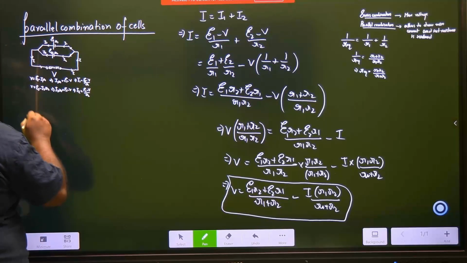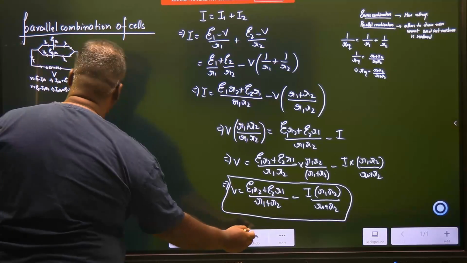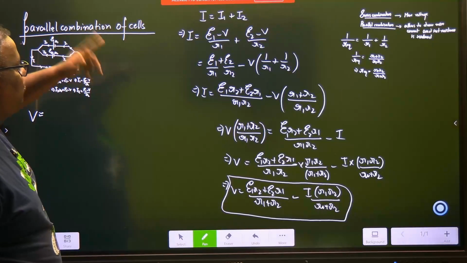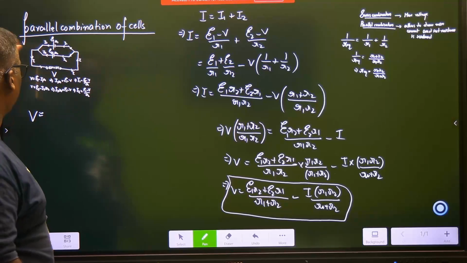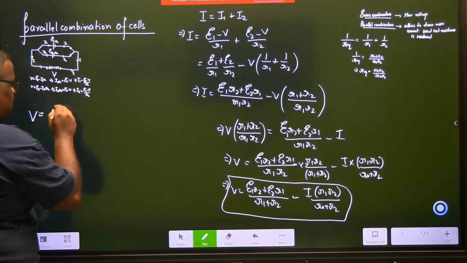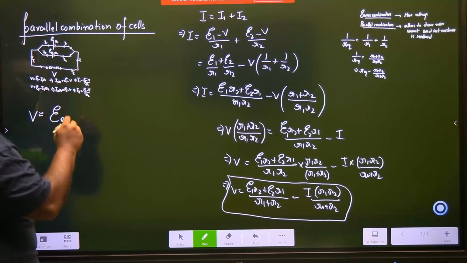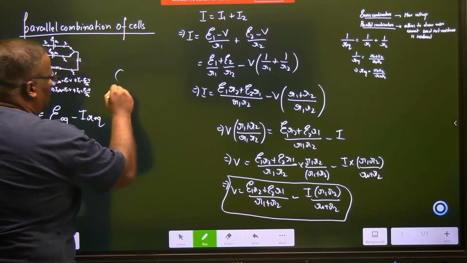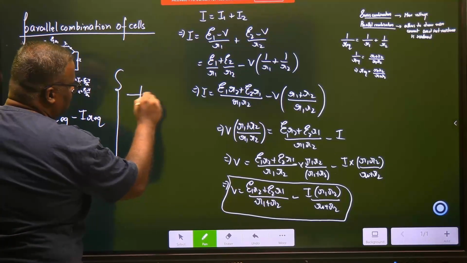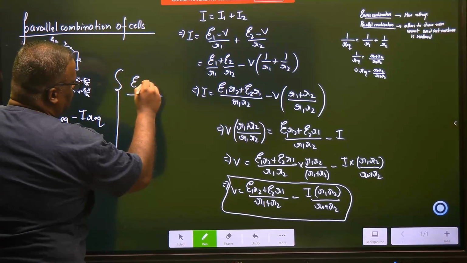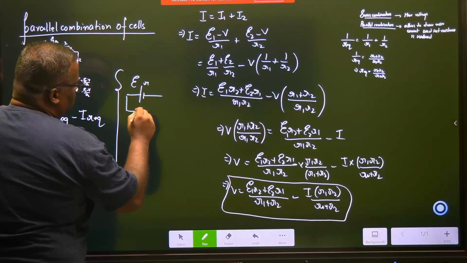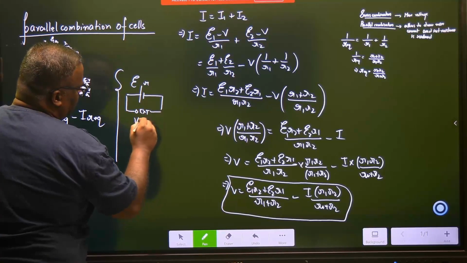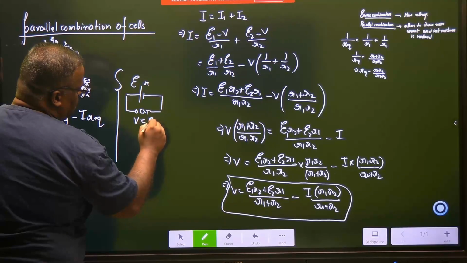I can write this as the terminal voltage that I obtain after making a parallel combination of two cells of EMF E1 and E2 with internal resistance R1 and R2. I get this. I replace this as E equivalent minus I R equivalent. Now recall, whenever you have a cell whose EMF is E, internal resistance is R, and you connect it across any circuit, then the V that you get, the terminal voltage, is always E minus IR.